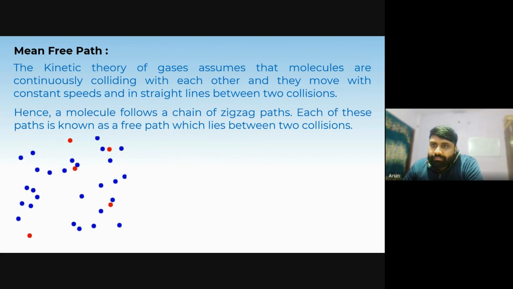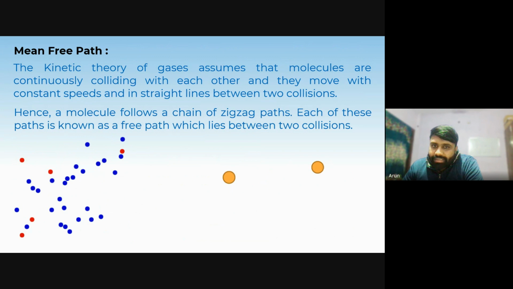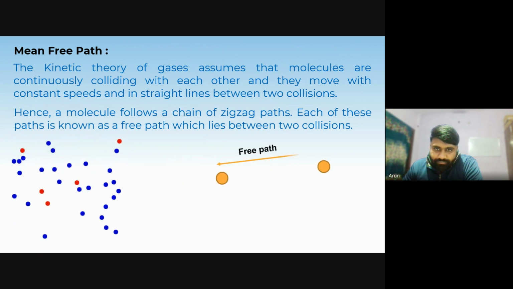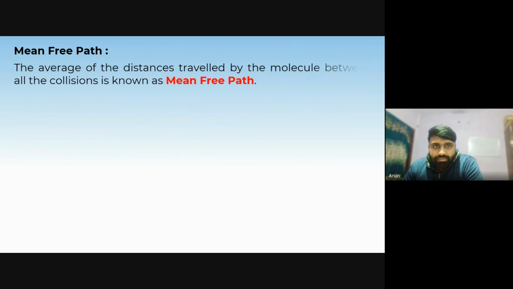So this is the random motion of molecules this way. They are colliding and then releasing. So the average distance traveled by the molecule between all the collisions is known as the mean free path.